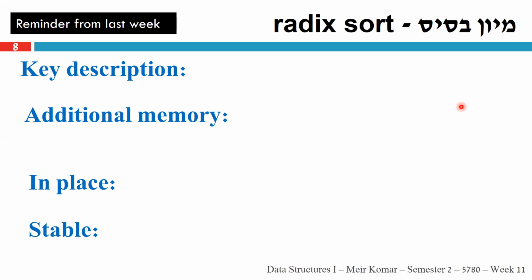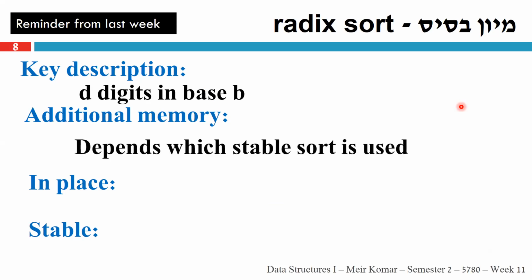Then we saw another one, which was very interesting, the radix sort, which we said is sort of like a wrapper, because the radix sort itself calls counting sort. So the additional memory needed depends on which stable sort it calls. If it calls counting sort, then it will have additional memory, and whether it's in place depends, but it will be stable.